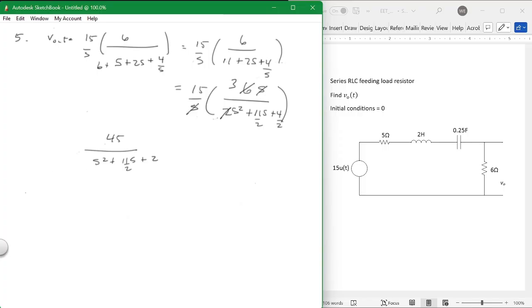So now it's minus b, minus 11 over 2, plus or minus the square root of b squared, 11 over 2 squared, minus 4 times a times c, all over 2.